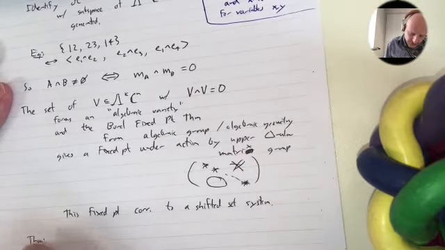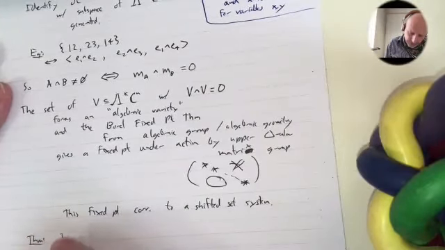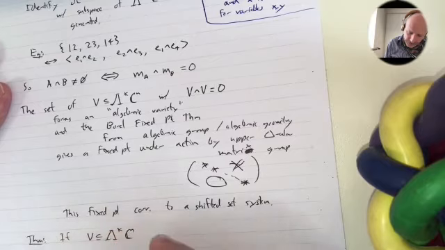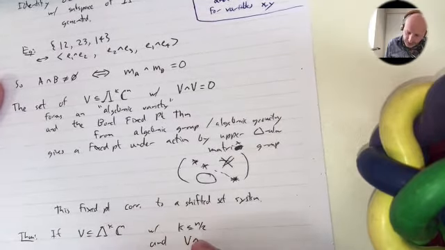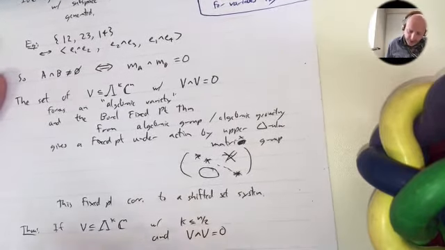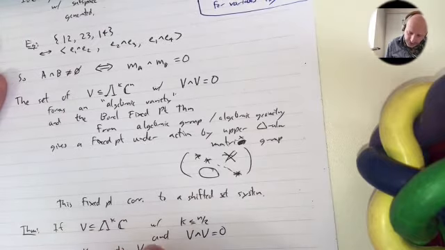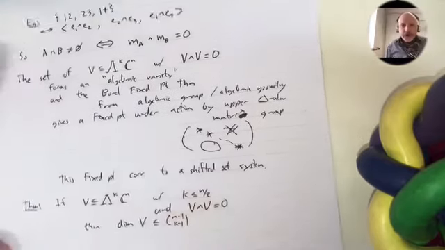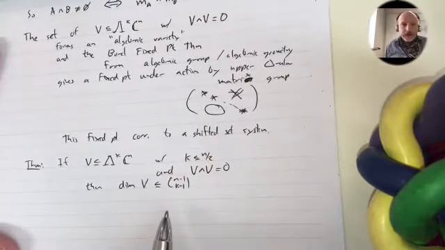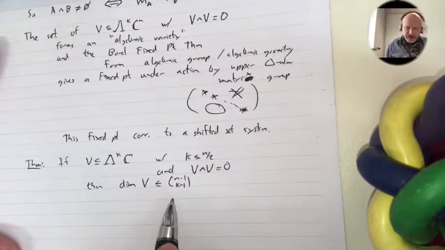So the theorem is that if V is a subspace of Λ^k C^n with k less than or equal to n/2 and V ∧ V = 0, then the dimension of V is at most (n-1 choose k-1).